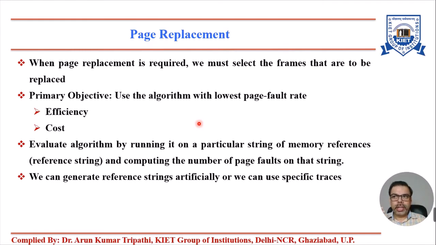And cost effective means it should not bring in the entire file, so that when a new process comes and wants to execute, it cannot get executed. In a multi-programming system, a number of processes can execute simultaneously, so there is a need for swap in and swap out of the pages. Swap in and swap out of the pages should have the least cost.